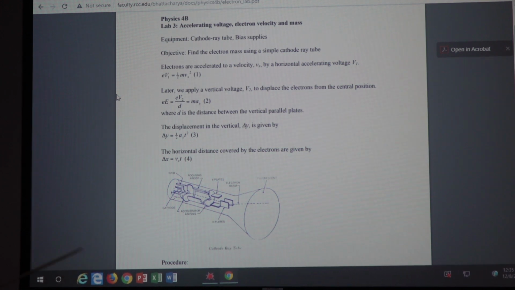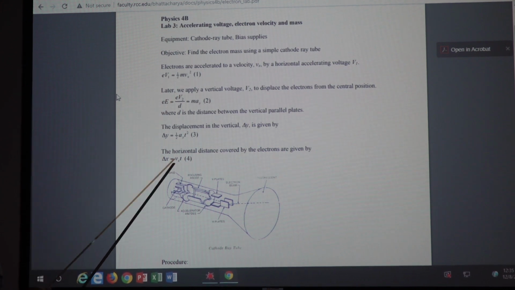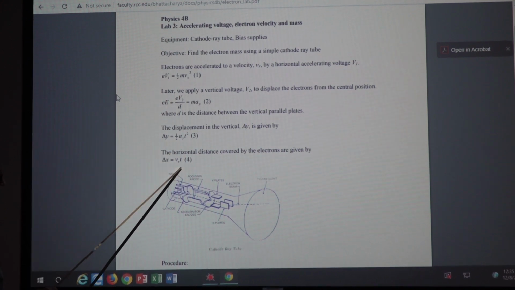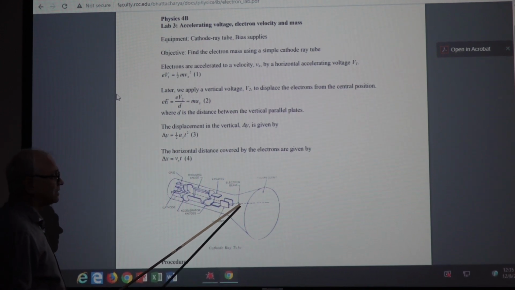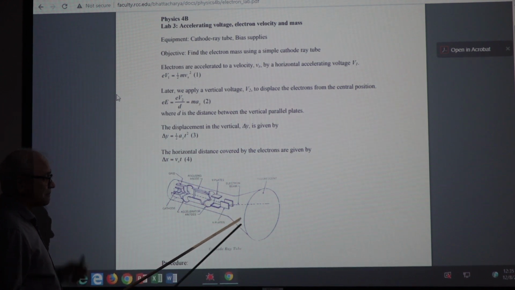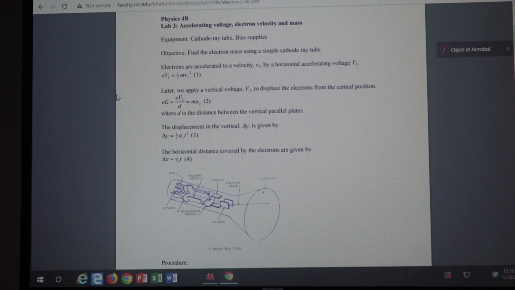So in this experiment, what I want you to do is find Vx over here, and then find the time here, and see whether that time and this acceleration match our conception. The acceleration will be really very high, 10 to the power 15 meters per second squared.